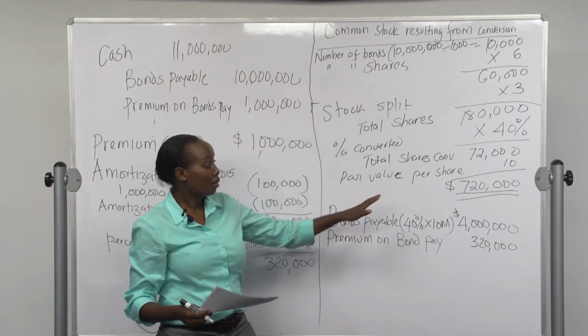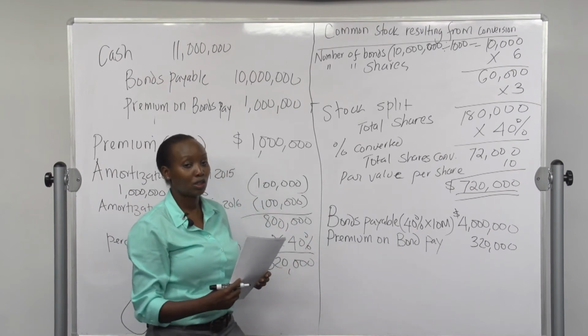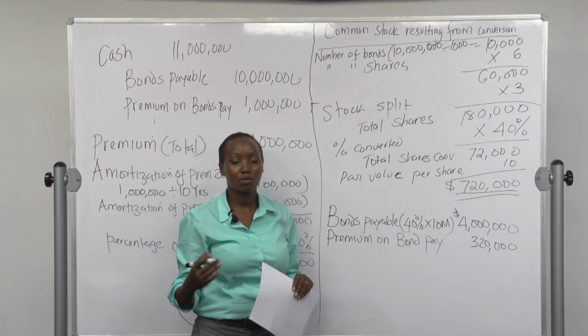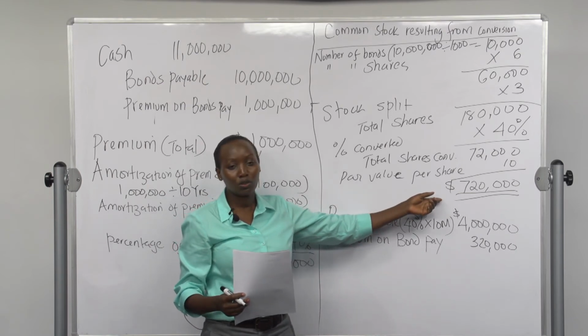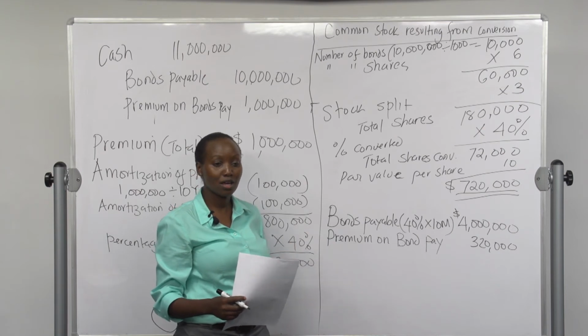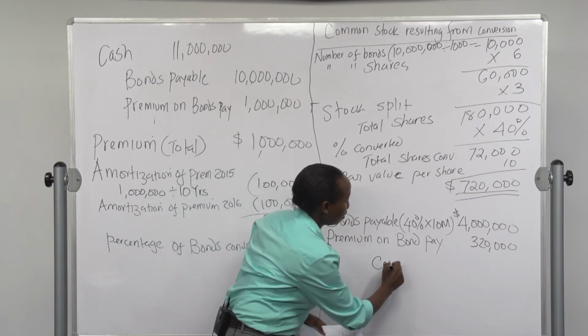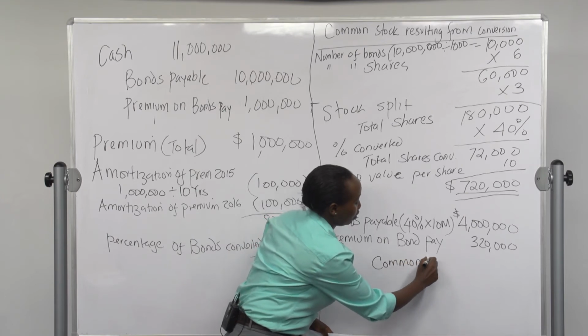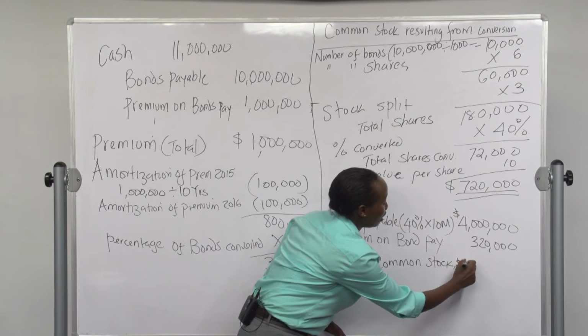We ended up with $720,000 of common stock par. As we recall from prior chapters, when we issue common stock, we record the par value separately, and any excess goes into additional paid-in capital. So for our credit, we have common stock, $10 par.